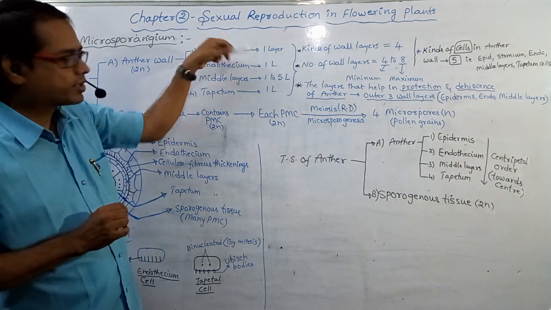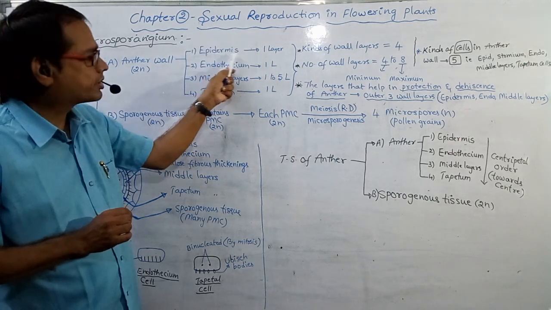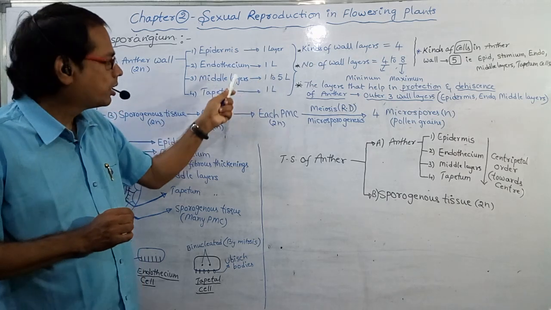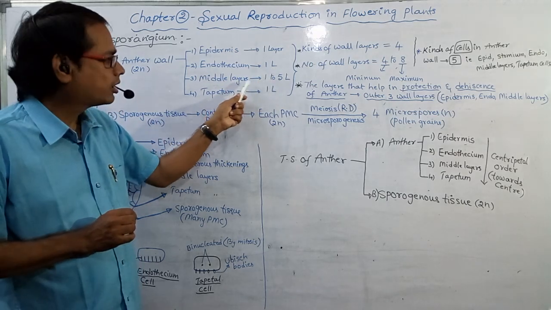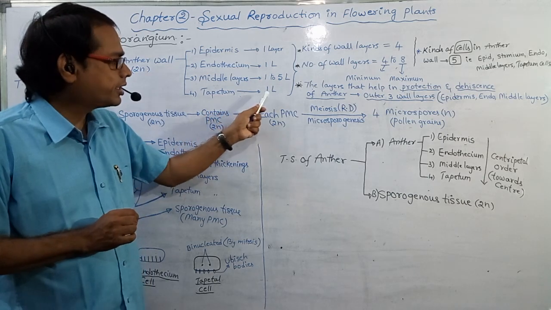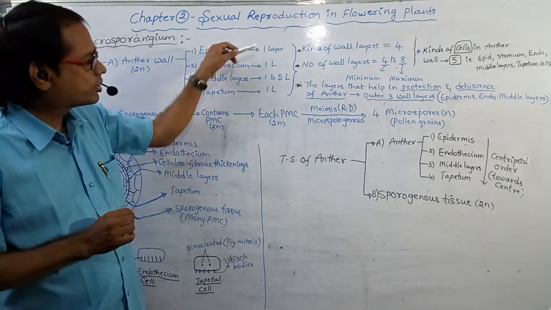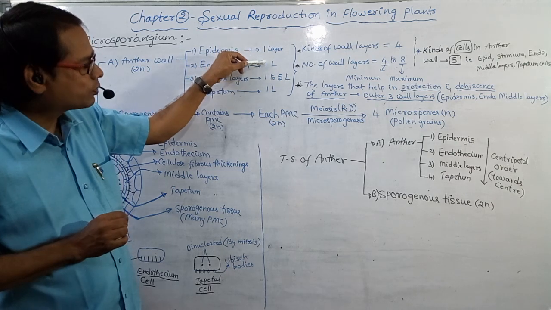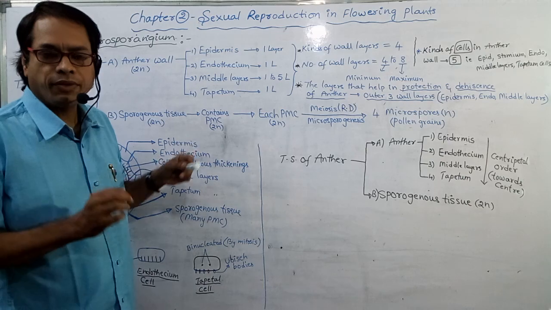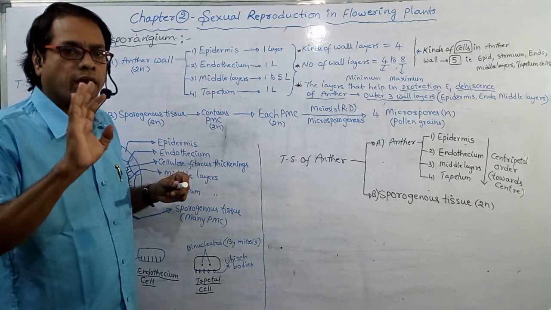Number of layers: epidermis contains 1 layer, endothecium contains 1 layer, middle layers contain 1 to 5 layers, tapetum contains 1 layer. So that is 1 plus 1 plus 1 plus 1. How many kinds of layers? 4 kinds of layers.